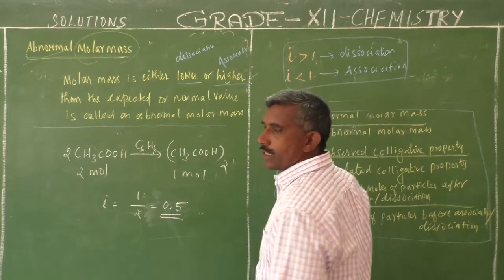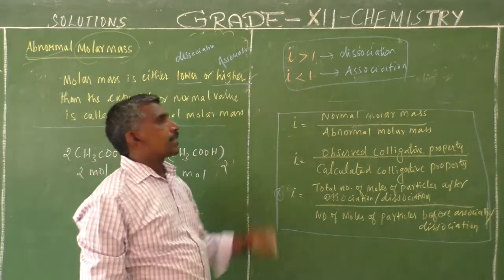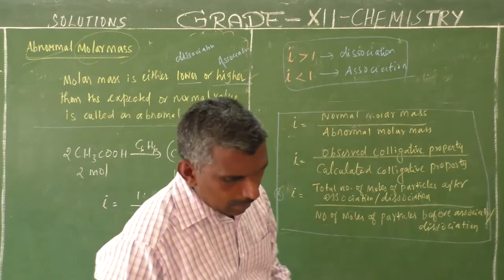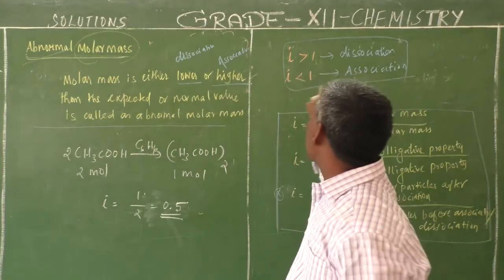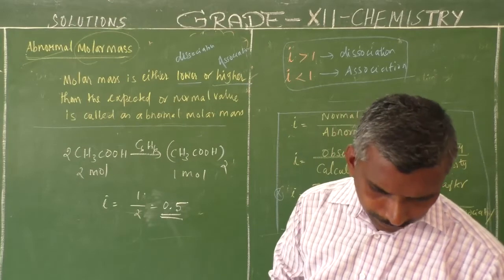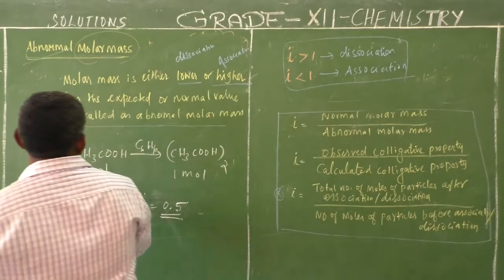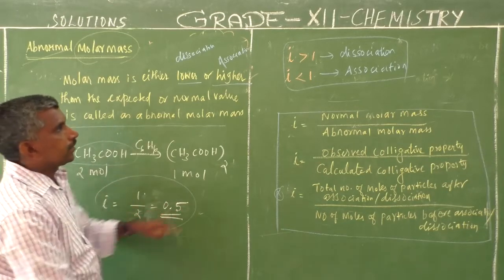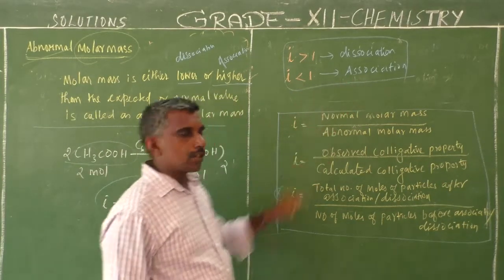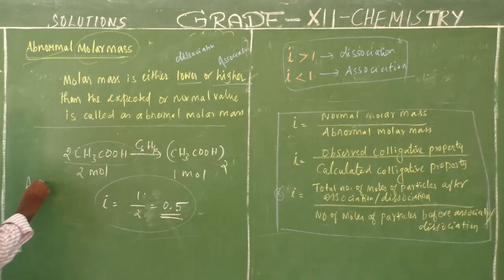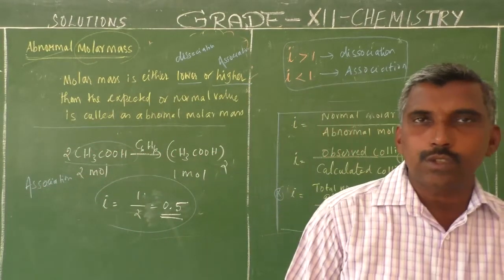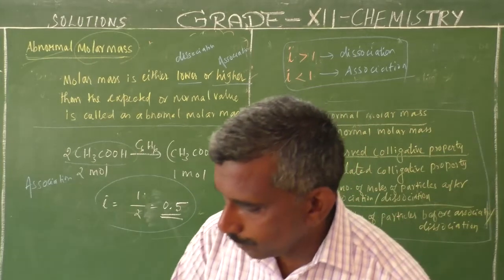This topic was a previous board question. The i value is greater than 1 for dissociation, and less than 1 for association. This is very important, please note it down. Here for acetic acid, the i value is 0.5, less than 1, so it is association. This is for abnormal molar mass.